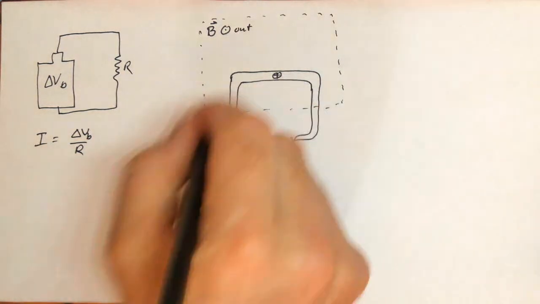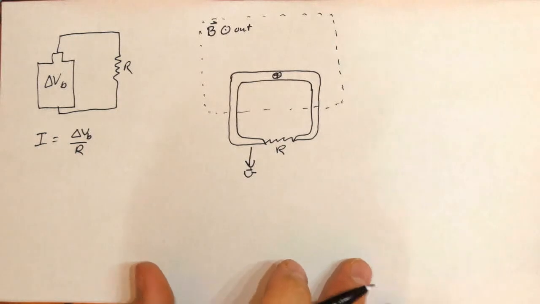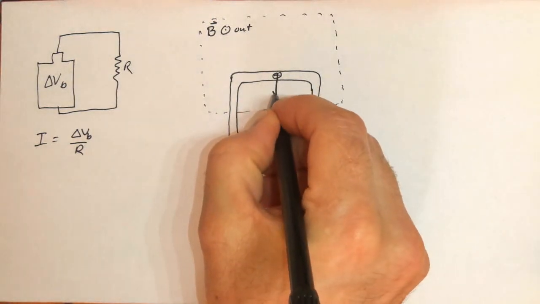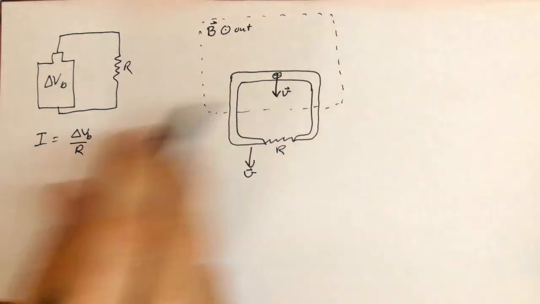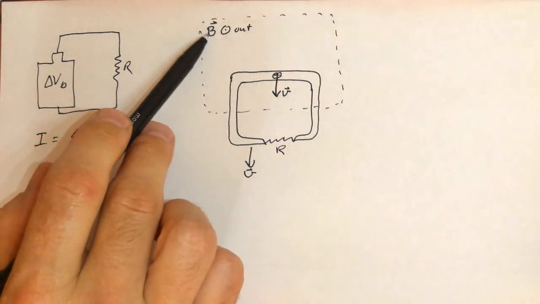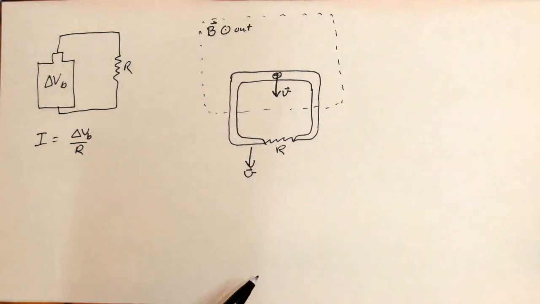Well, if this whole loop is physically moving, that charge must be moving too. It's inside the physical wire, and so it's got to move with it, which means that charge has a velocity equal to the velocity of this whole loop. But if that charge has a velocity, and it's inside a field which is perpendicular to it, then there must be a magnetic force acting on it.